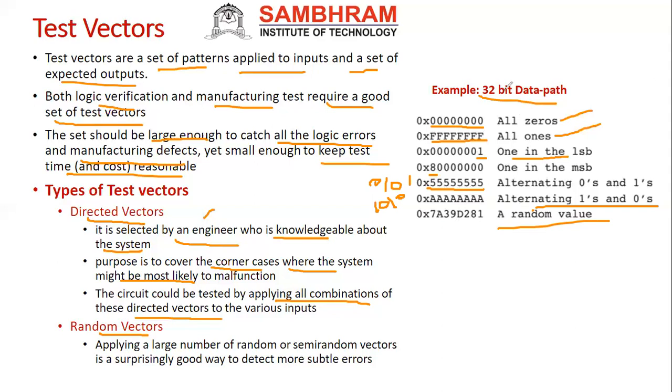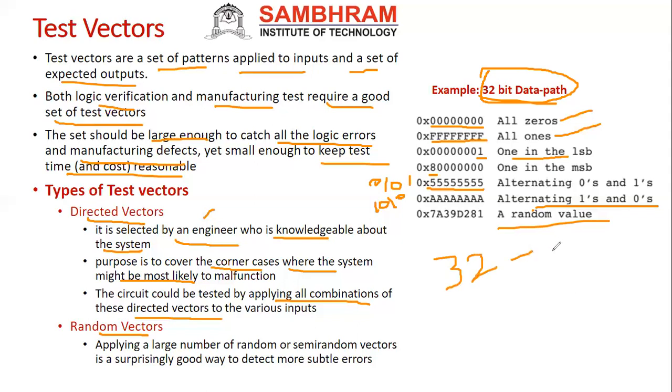Now here, there is a possibility of malfunctioning when I apply these. If I check only this, we cannot assume my system is working properly, because I have not applied all the combinations. For a 32-bit data path, think 32 bits of input.